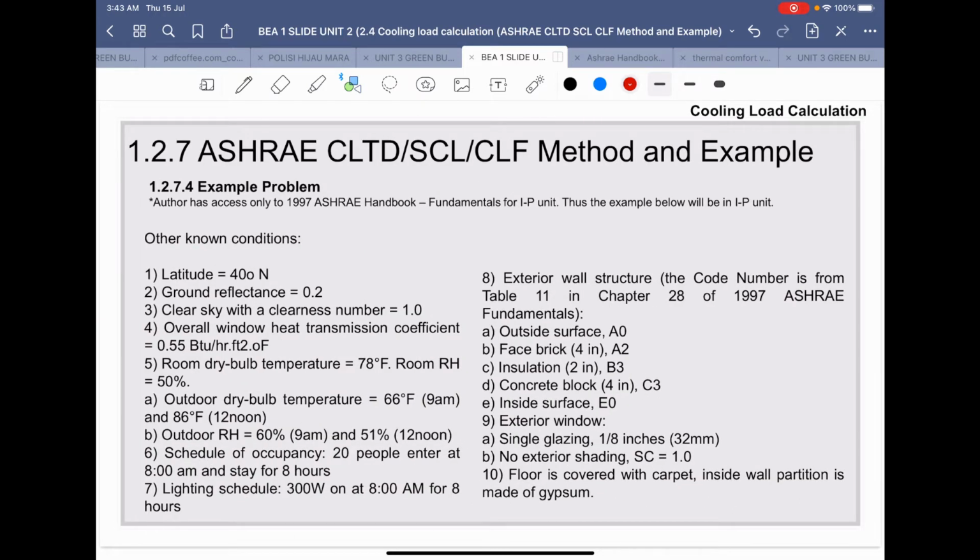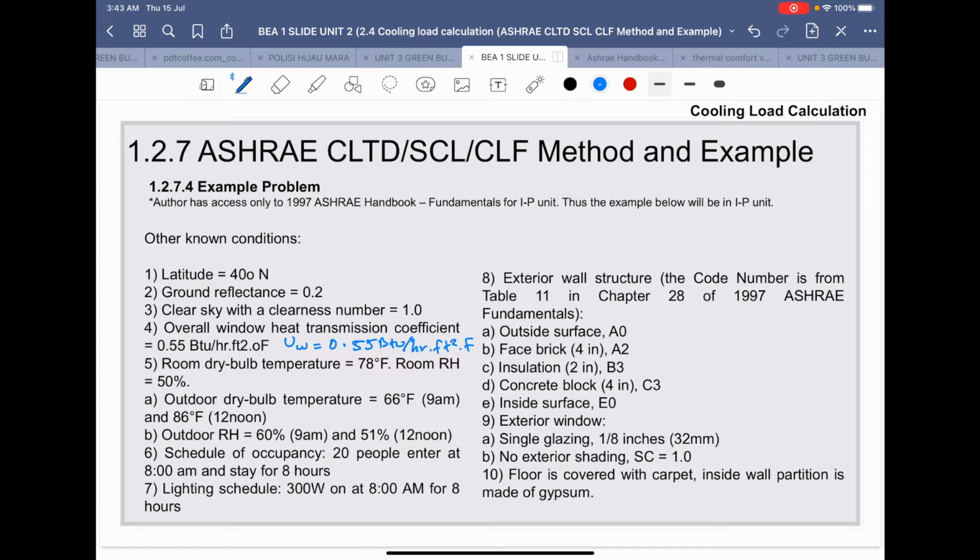Other conditions mentioned: the latitude of the location is 40 degrees north, the ground reflectance is 0.2, and a clear sky with a cleanliness number of 1.0. The overall window heat transmission coefficient, the U value of the window, is 0.55 BTU per hour feet square Fahrenheit.